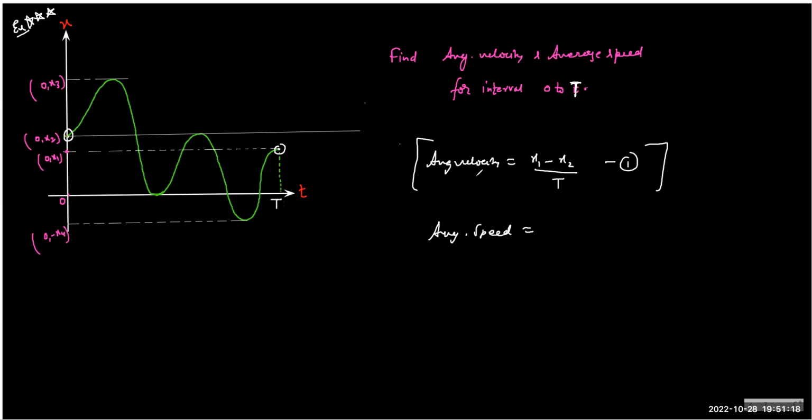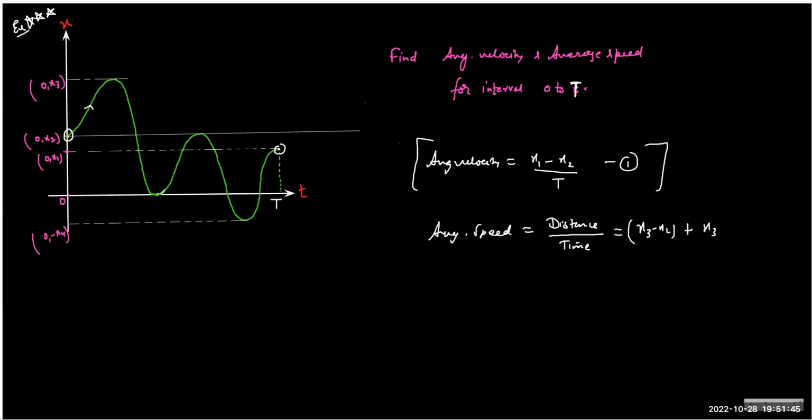Distance upon time, right? What is the distance here? How much do you travel? First you go from x2 to x3, so you travel x3 minus x2. Then you come back from x3 up to origin, so you travel x3 again.